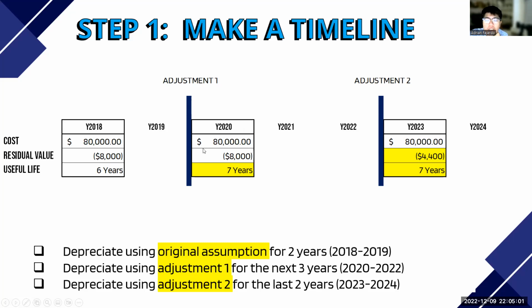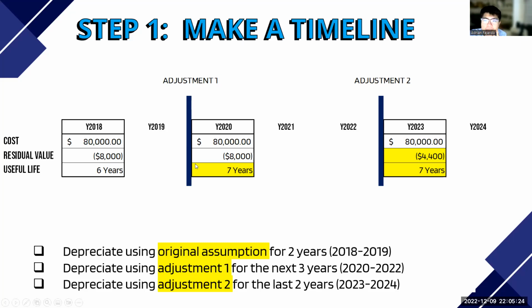Please be careful. Yung cost, syempre hindi na 80,000. We have to solve for a new carrying amount. And then last chunk would be 2023 to 2024 using the new adjustment. I just wanted to show you na in terms of the timeline, you can segment it into 3 chunks: original assumption, adjustment 1, and adjustment 2.